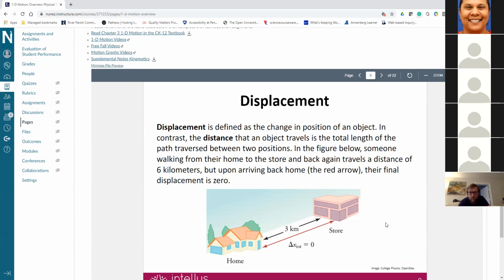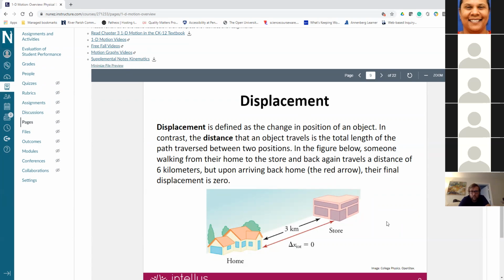If someone started at home and went directly to the store, they would have a distance of 3 kilometers. And you would say displacement, you have to be careful, the object moved 3 kilometers left, right, from its starting position.